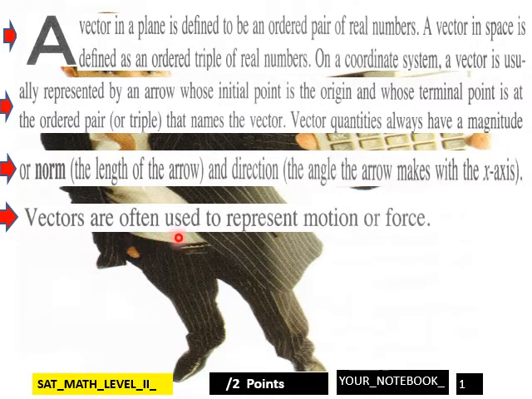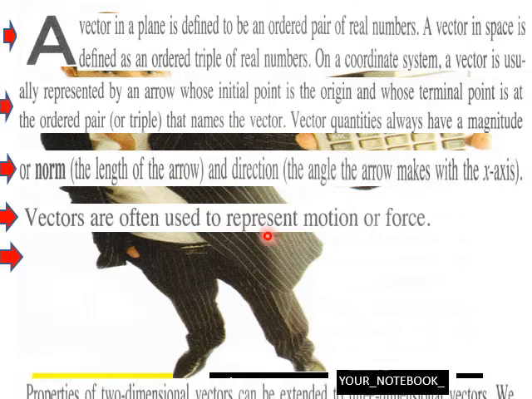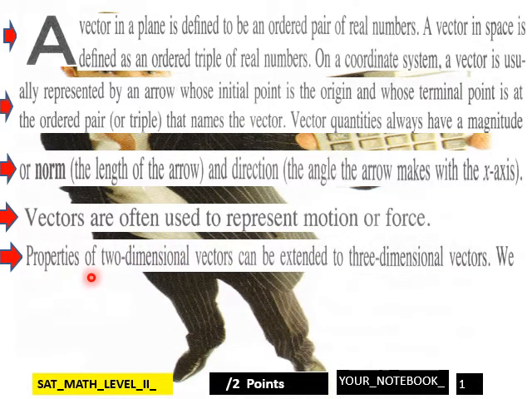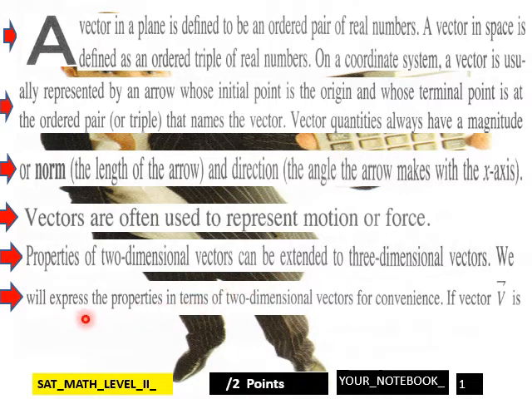Vectors are often used to represent motion or force. Properties of two-dimensional vectors can be extended to three-dimensional vectors. We will express the properties in terms of two-dimensional vectors for convenience.